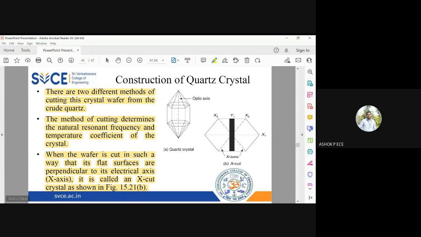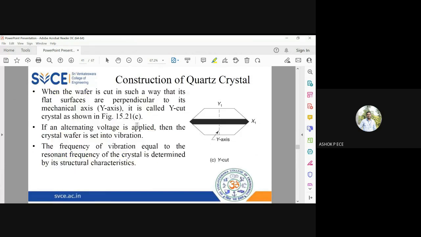If I'm going to use an X cut crystal, I'm going to cut perpendicular to the electrical axis. If I'm going to use a Y cut crystal, I'm going to cut perpendicular to my mechanical axis. So two types of cutting the crystal are available, and depending on what cut you make along the X or along the Y direction, correspondingly the frequency of oscillation and all other parameters are going to vary.